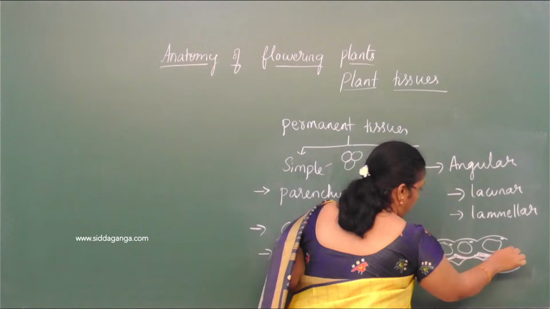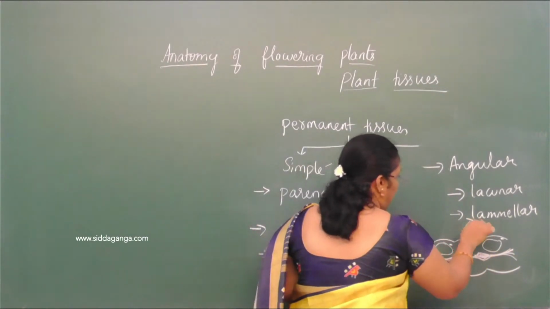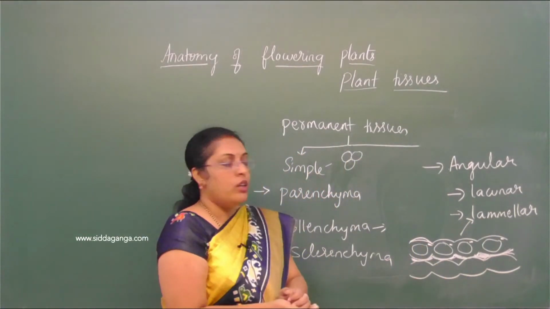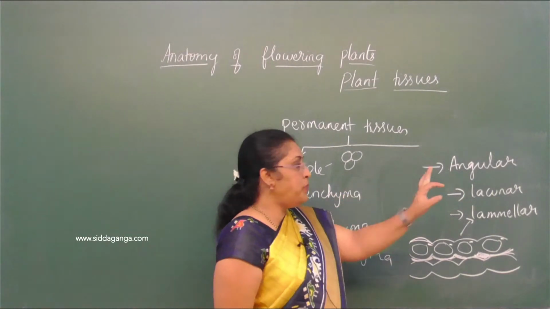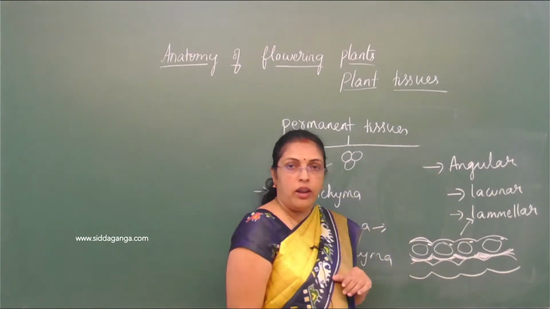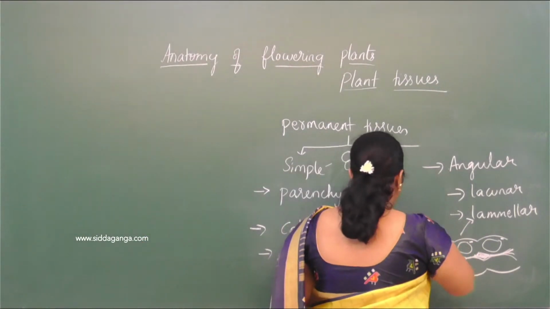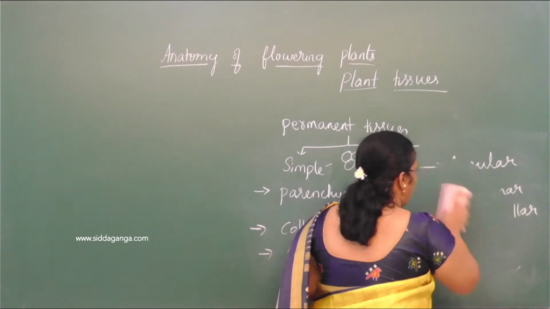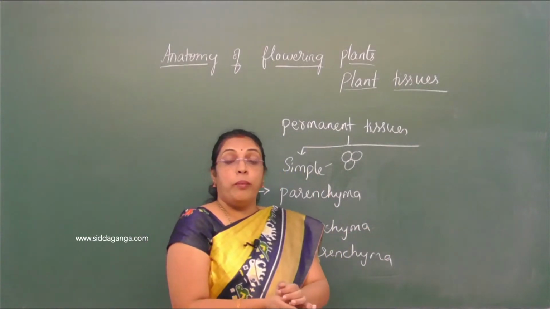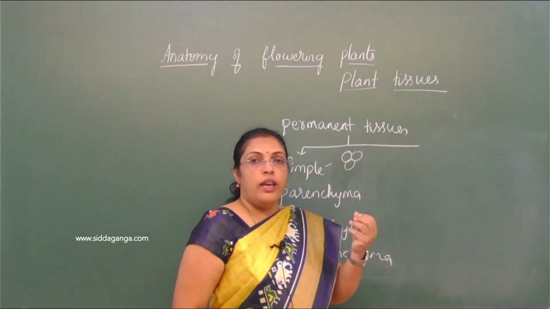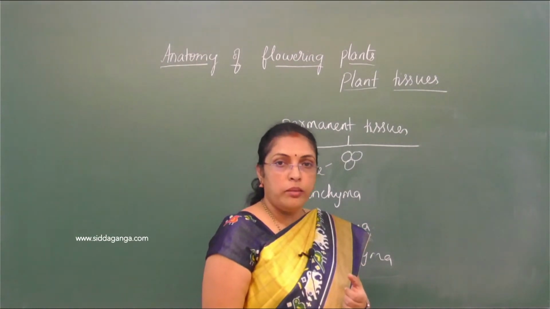Cells are arranged in layers and thickening is seen in the tangential wall; that is what is seen in lamellar collenchyma. So collenchyma is a living mechanical tissue. We have three types: angular, lacunar and lamellar. When the collenchyma contains chloroplasts, that helps in photosynthesis, and collenchyma provides elasticity or mechanical support to aerial parts of stem in dicot plants.